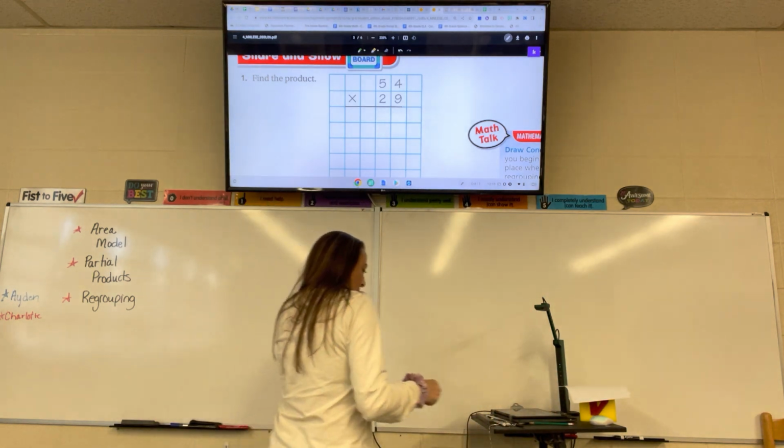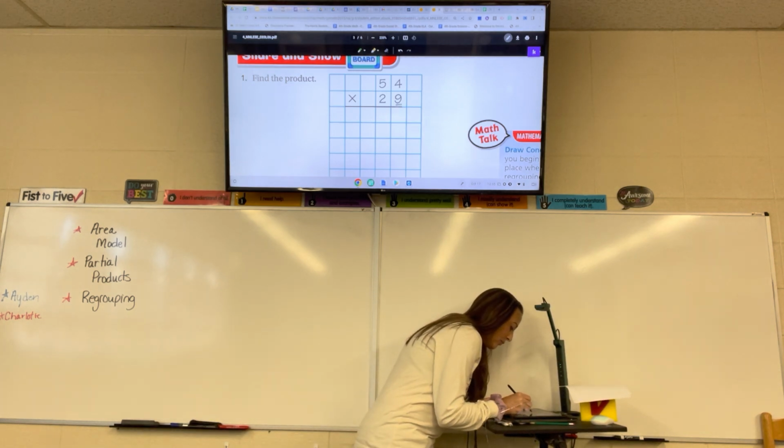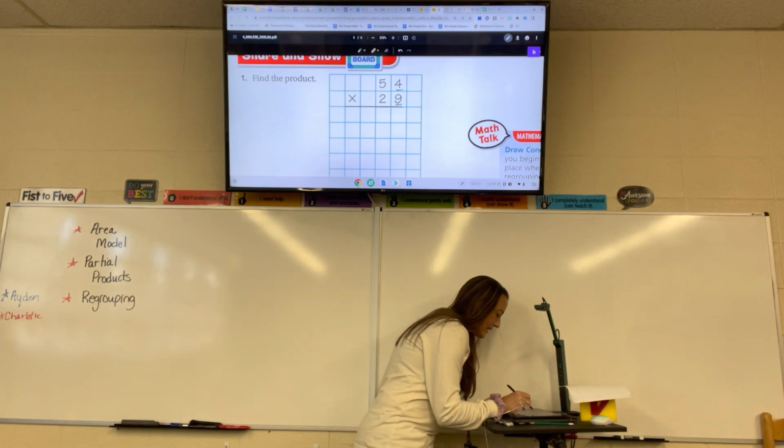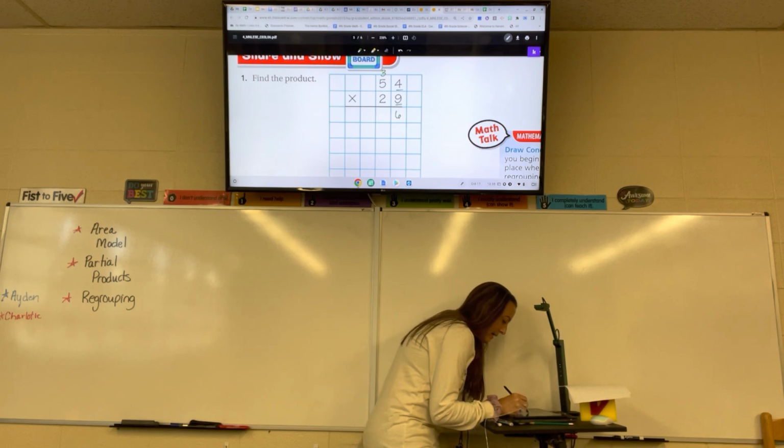Okay, so with regrouping, we start with 9 times 4. 36. You carry the tens place the 3, put down the 6. And then 9 times 5. 45 plus 3 more. 48.